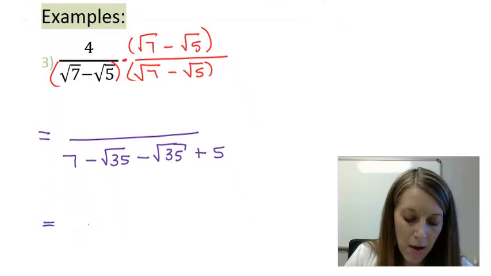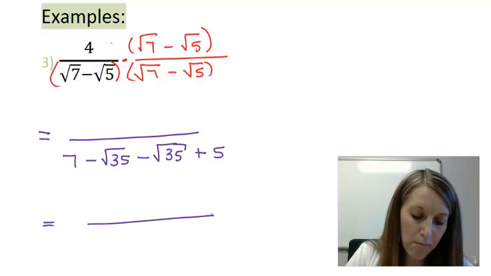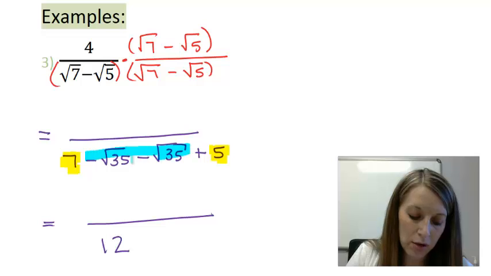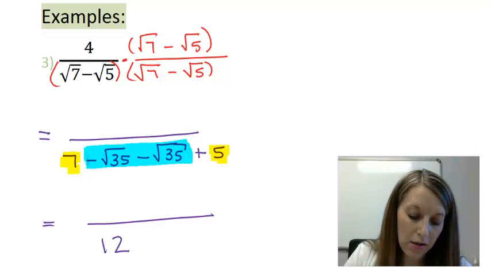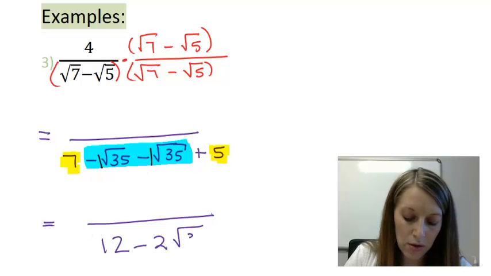So if I simplify my denominator, I can combine my constants of 7 and 5 to give me 12, and I can combine my like terms here. So I have a negative 1 root 35 minus 1 root 35, which gives me a negative 2 root 35.